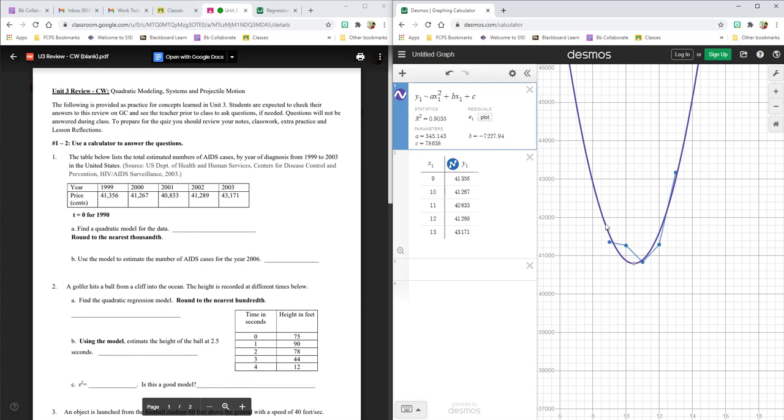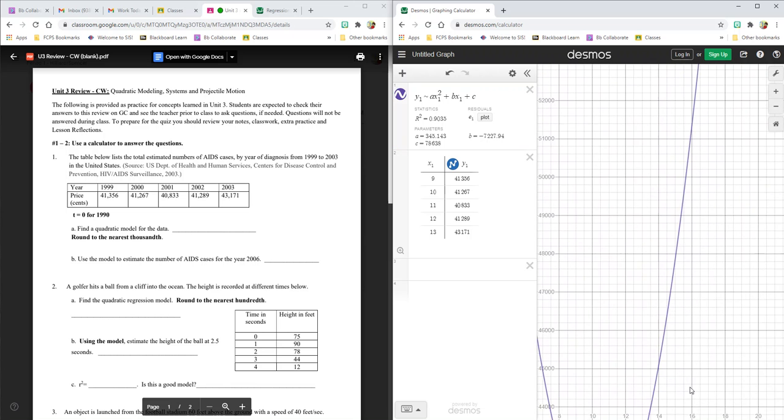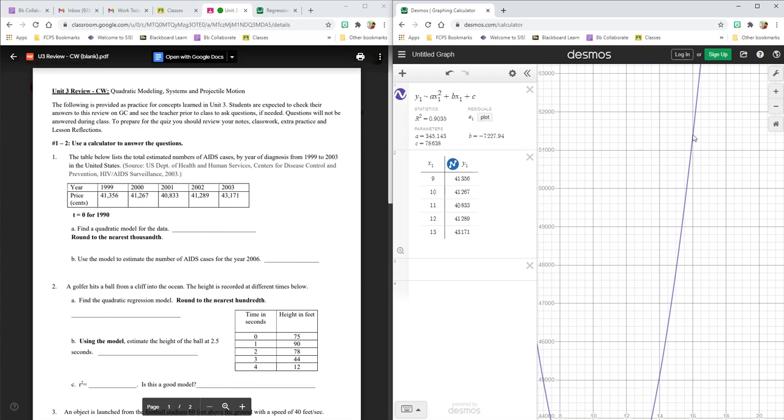Now the nice thing about this, again, is working with the graph. They want to know what's the value when x is 16. Well, this is 13, 14, let's see, 16 is right here. So we just scroll until we get to 16, and there's our value, right about there, 51,355.